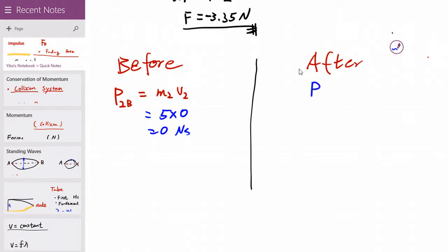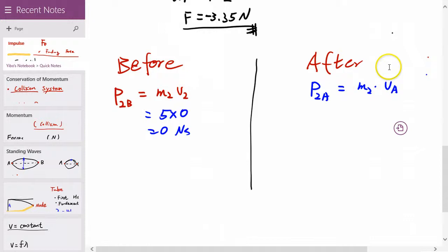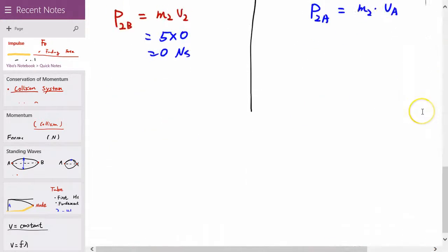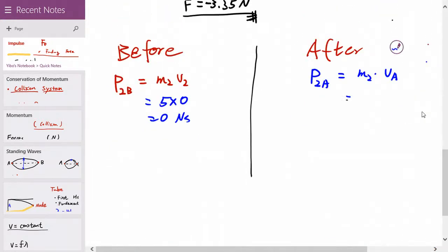Afterwards, the momentum will be the mass of object 2 times the velocity after collision of object 2, which is 1.33 meters per second. So I have 5 times 1.33.